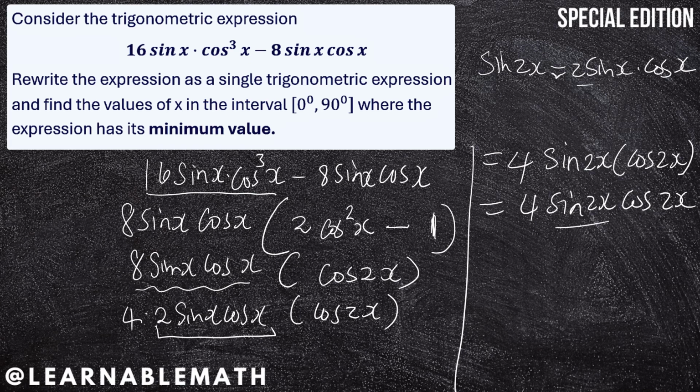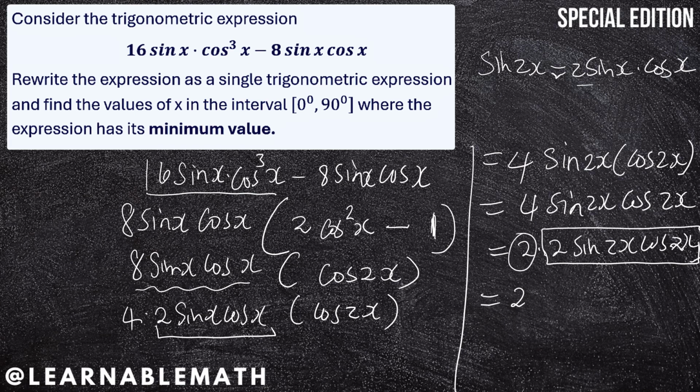Because we have sine 2x cos 2x, I can write it as 2 times 2 sine 2x cos 2x, which is still a double angle of sine. So it will be 2, then we double the angle of 2x, so this will be 2 sine 4x.